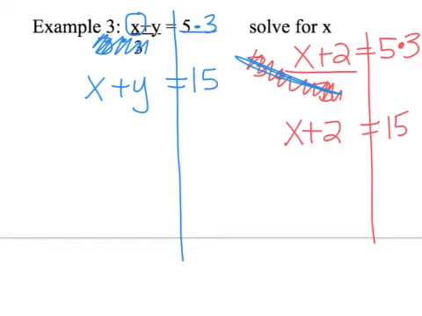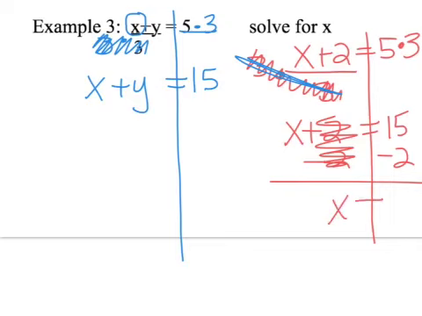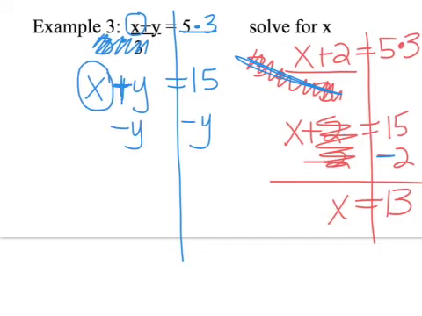Okay, back to the red equation. This is x plus 2. The opposite of plus is minus, so I'm going to subtract 2. So I'll have x equals 13. So in red, it was a plus 2, so I subtracted 2. Over here, this is a plus y, so I'm going to subtract y, because again, I'm trying to solve for x.